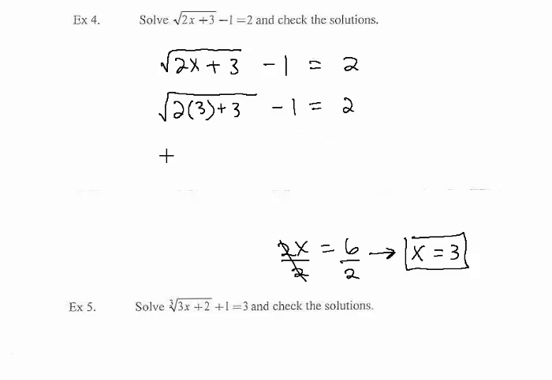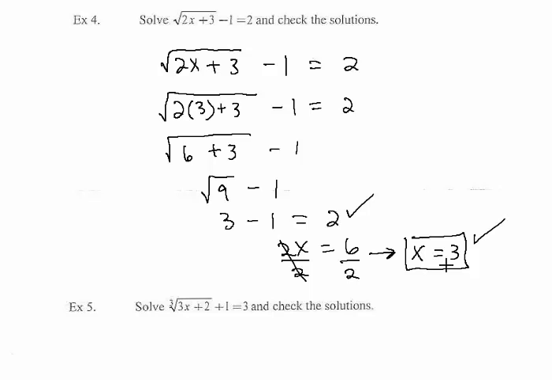So we have the square root of 6 plus 3. 6 plus 3 is 9, and the square root of 9 is 3. And if we take 3 and subtract 1, we do get a 2. So our solution of x equals 3 works out.